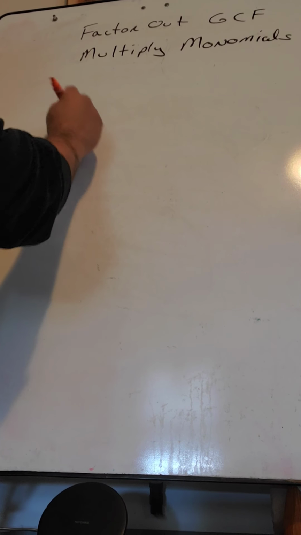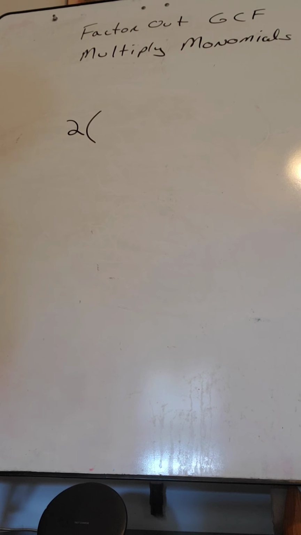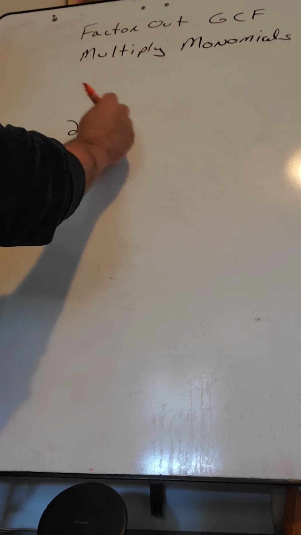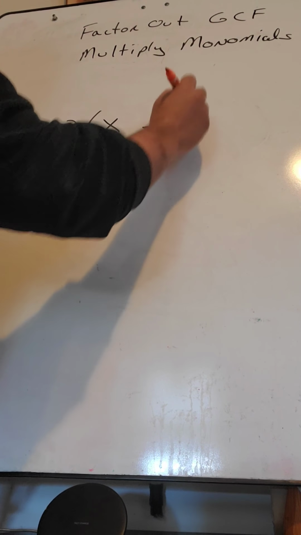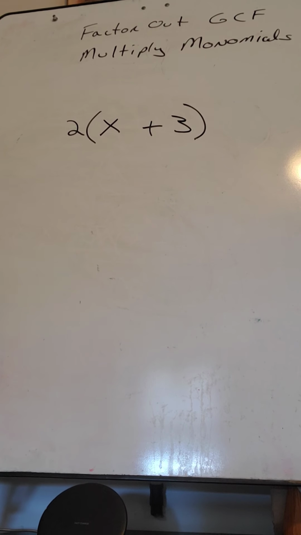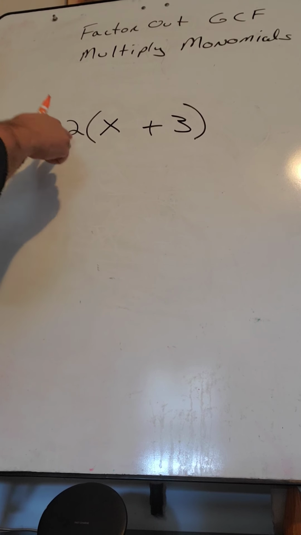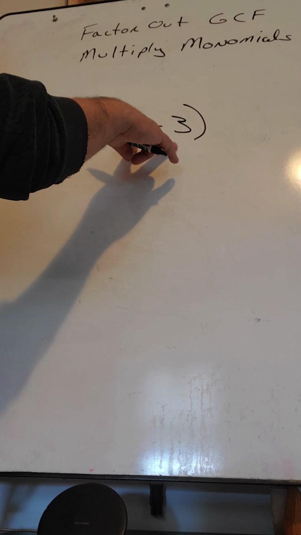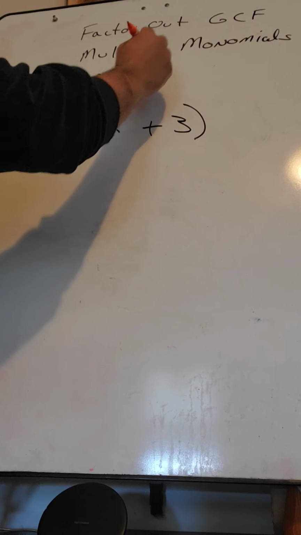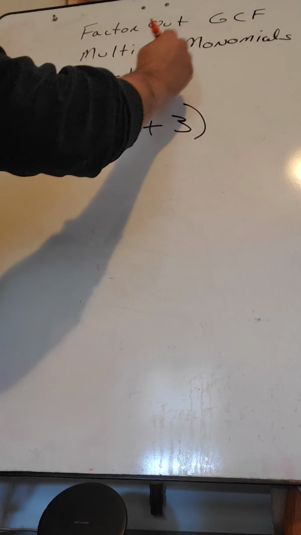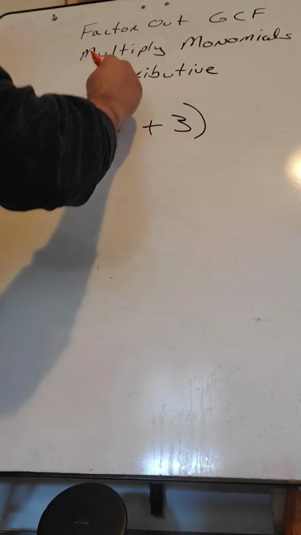So I'm going to give you something like a 2 on the outside and then maybe an x plus 3 on the inside. And I'm asking you to multiply the term on the outside with what is on the inside using the distributive property.